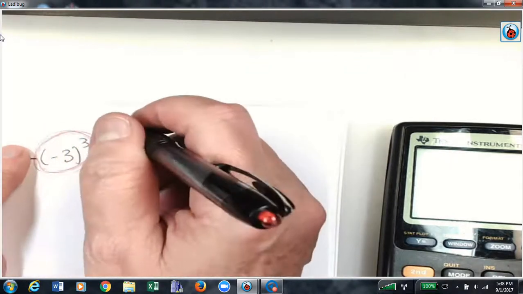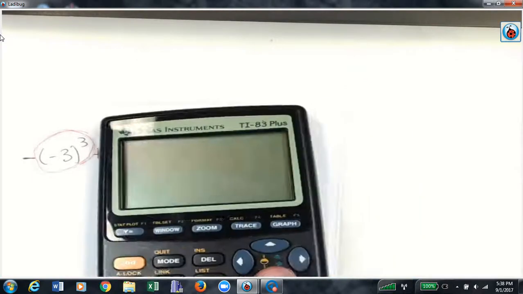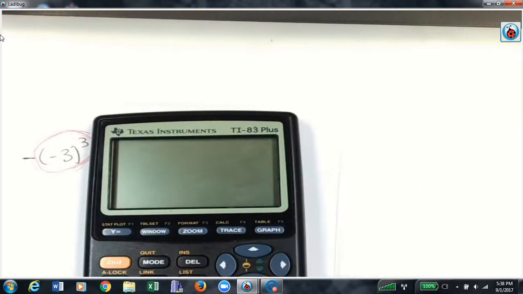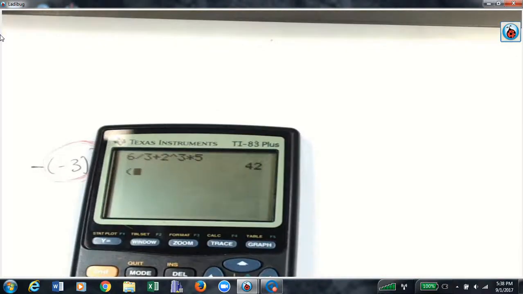Negative 3 all cubed. That's negative 3 times itself 3 times. So you're going to have to put that in parentheses if you put that into your calculator. The parentheses are just above the 8 and the 9 buttons. And then the negative, we don't want to use a subtraction sign. If it's negative 3, I just want to use a negative symbol.